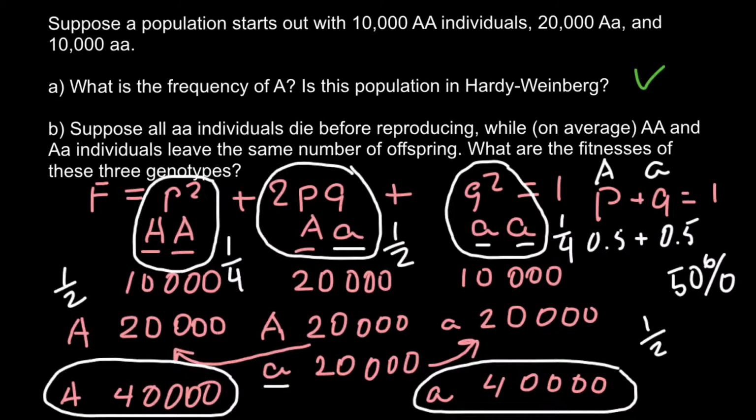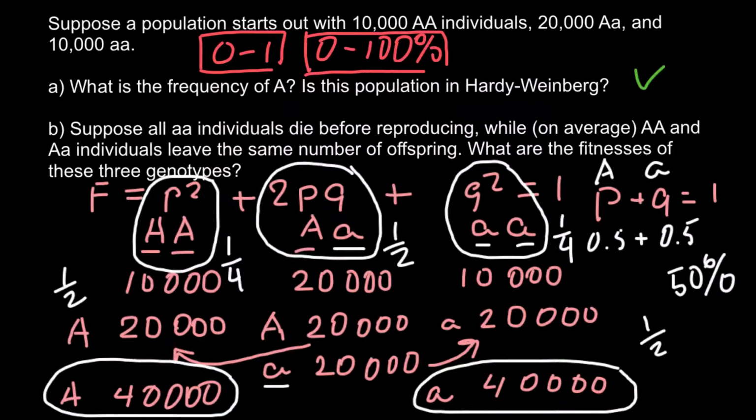This is the easiest question. We compare fitness on a scale between 0 and 1, or 0 and 100%. On this scale 1 equals 100%, so we can convert numbers very easily from one system into another.